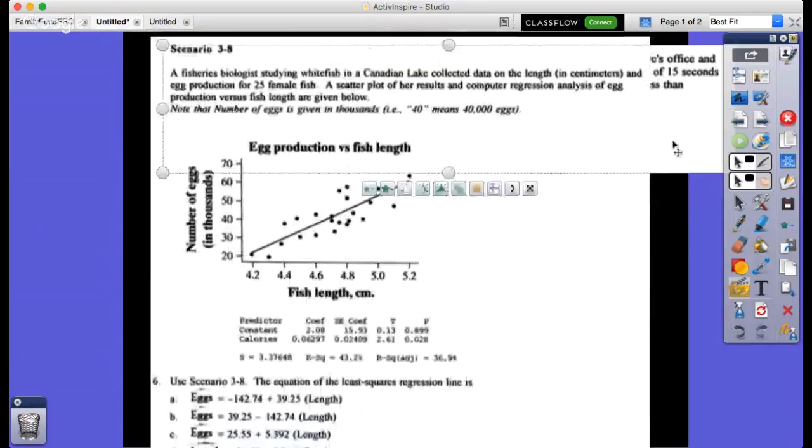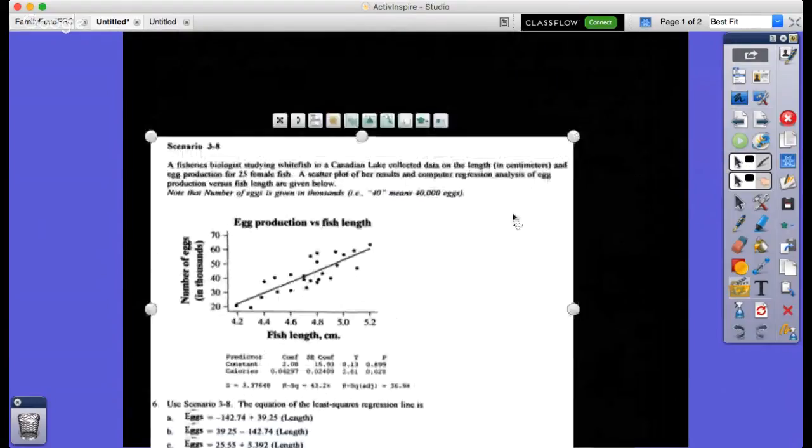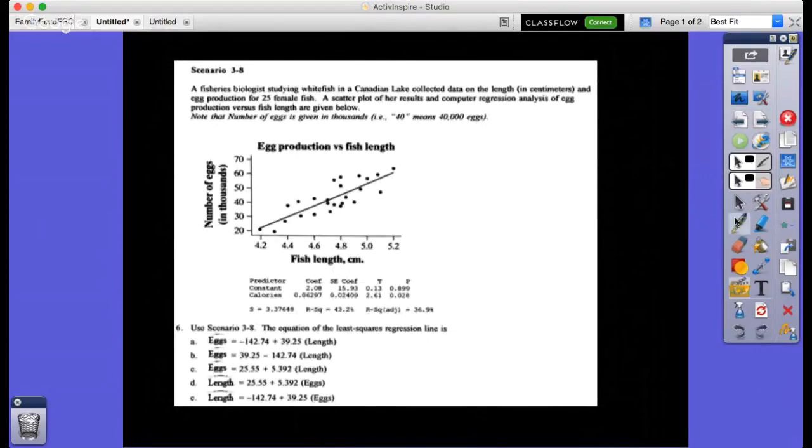Okay, so first off, let me remind you of a couple things. This is a computer output, right? In order to find the equation, we ignore the SE coefficient, right?